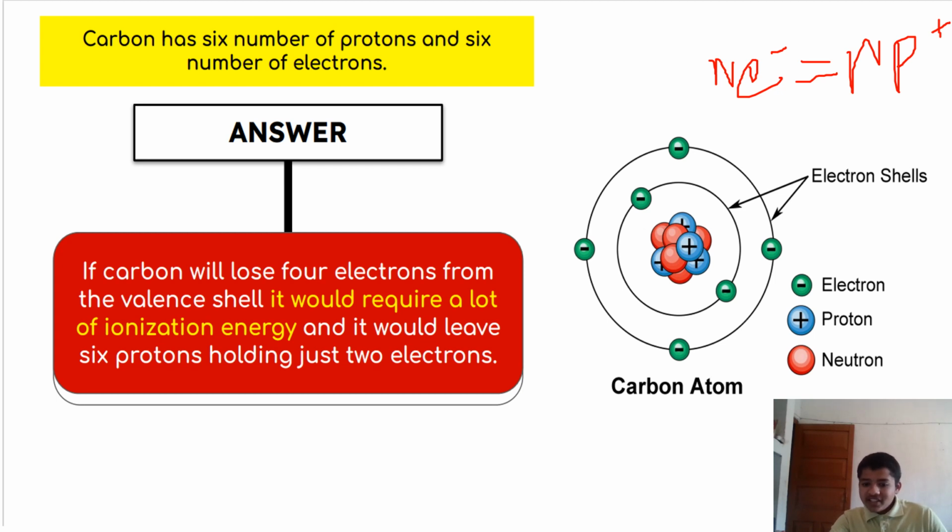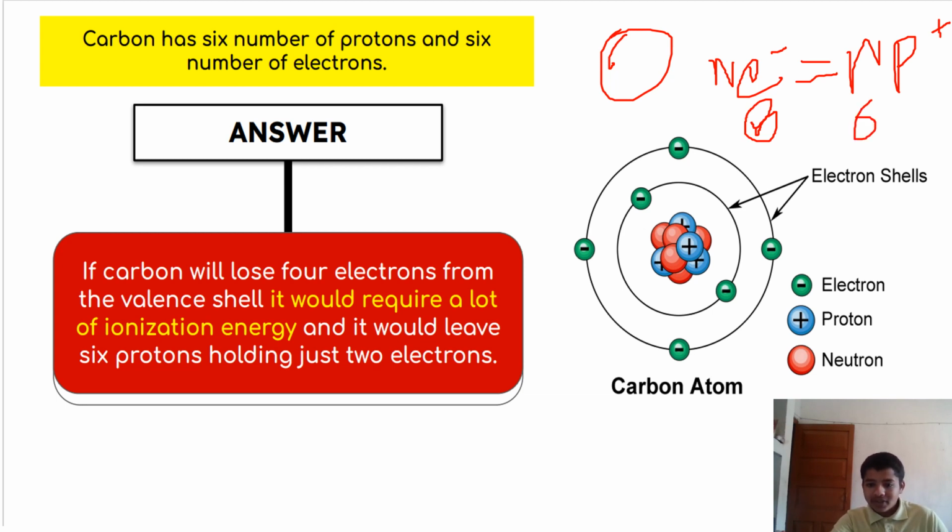So what is the atomic number of carbon? The atomic number of carbon is 6, right? So the number of electrons in carbon will be 6 only, and the number of protons of carbon will also be 6 only.